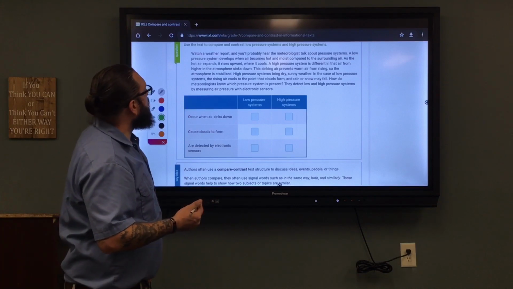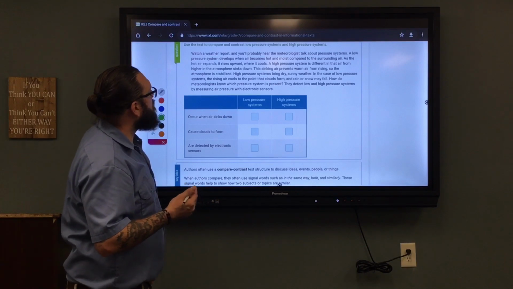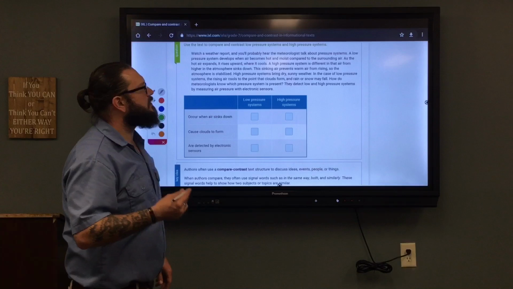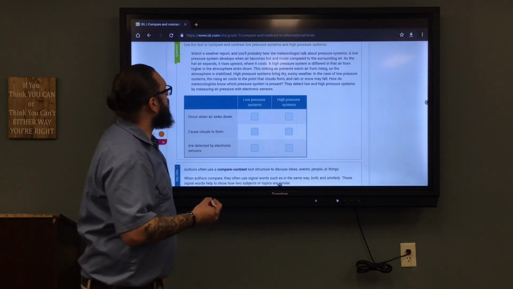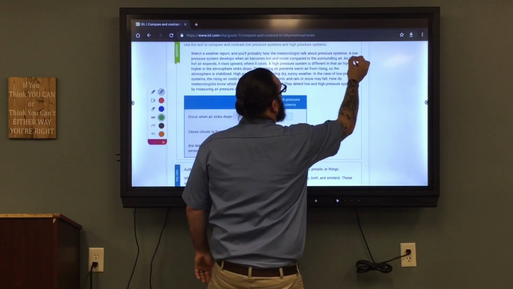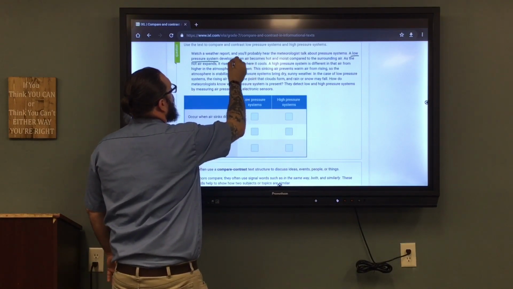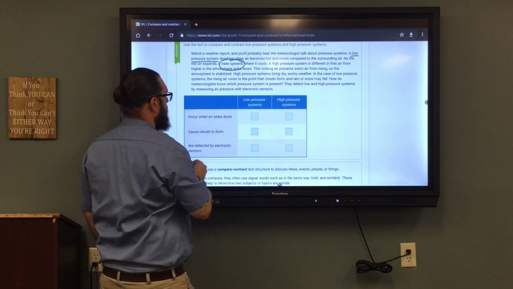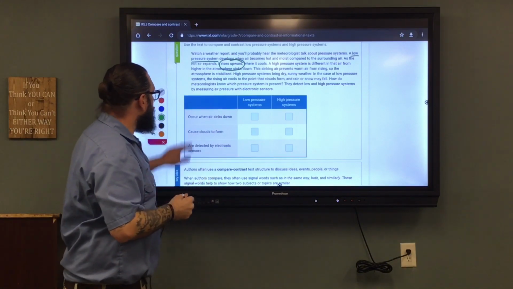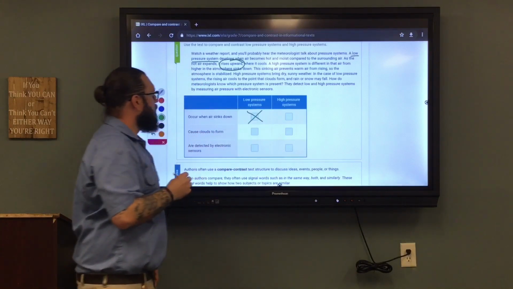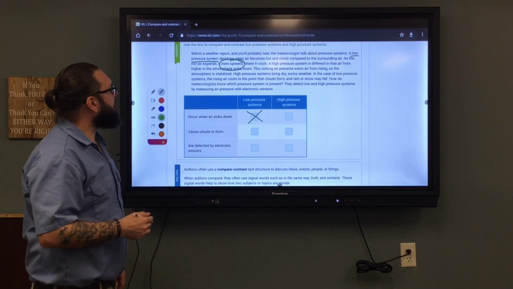At the beginning, we are told that a low pressure system develops when air becomes hot and moist compared to the surrounding air. As the hot air expands, it rises upward. Okay, so in a low pressure system, air rises upward. So we know that this does not apply to a low pressure system.